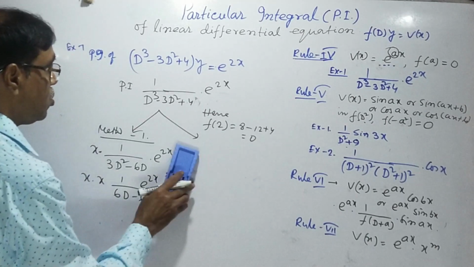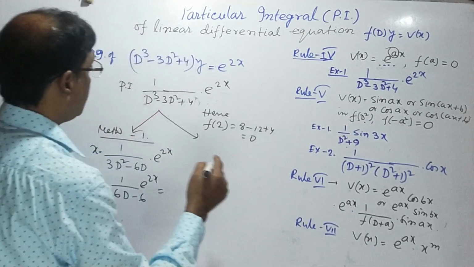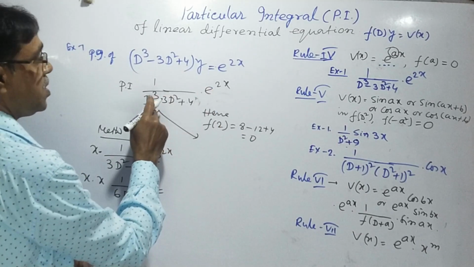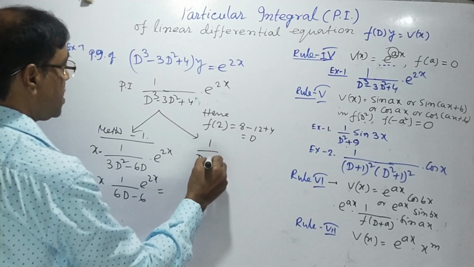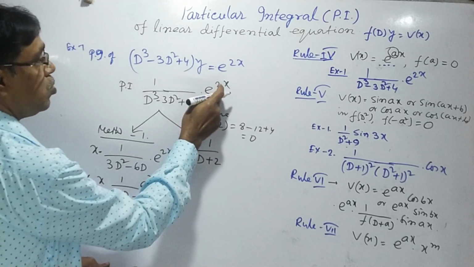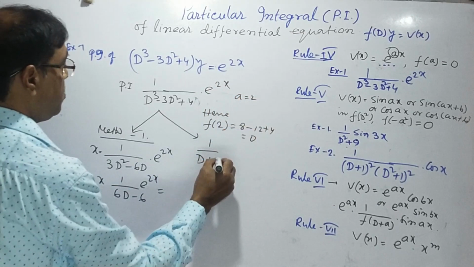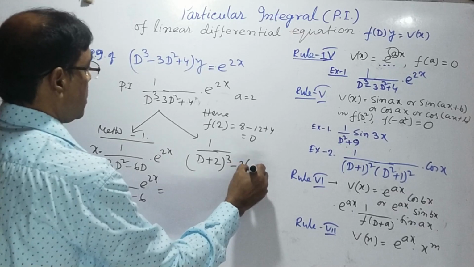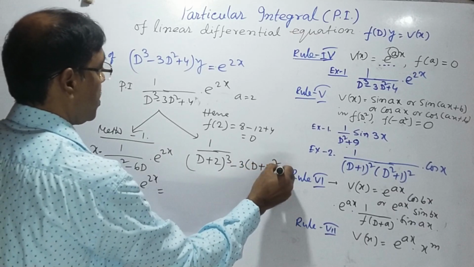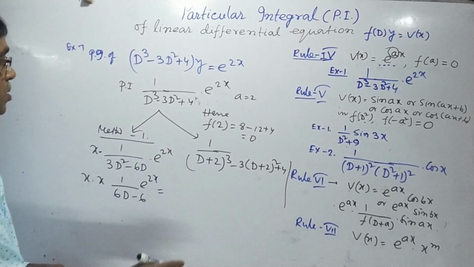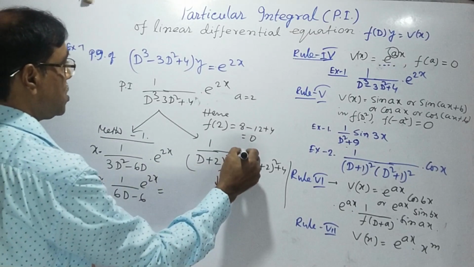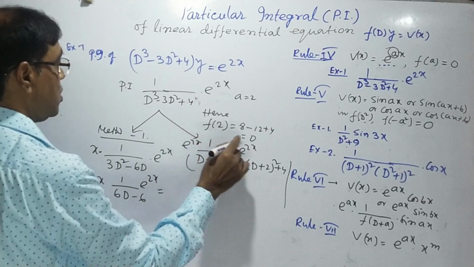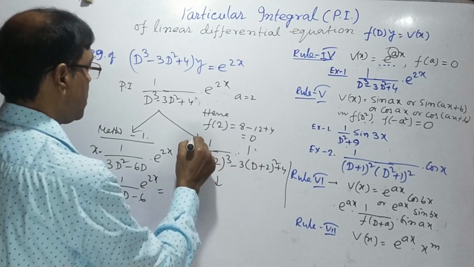Now the second method, which is solved in the book: put D plus 2 in place of D, 1 by (D plus 2) cube minus 3(D plus 2) square plus 4, a very large method. Now e to the power 2x into 1, operate 1.